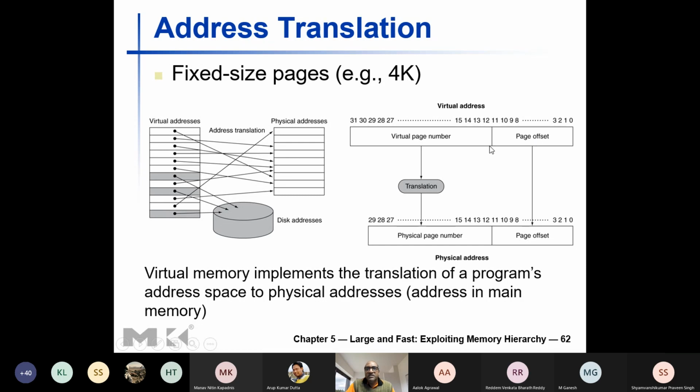Therefore, in these 32 bits, the most significant 20 bits refer to the page number. For each page, a space of 4 kilobytes of data can be accommodated. That means 4K addresses will be there, so these 12 bits are used to indicate the byte address.